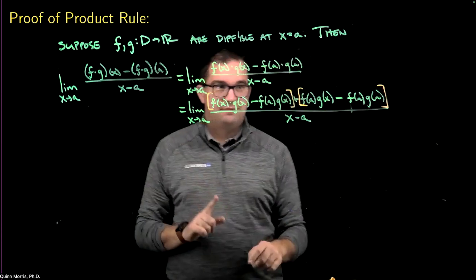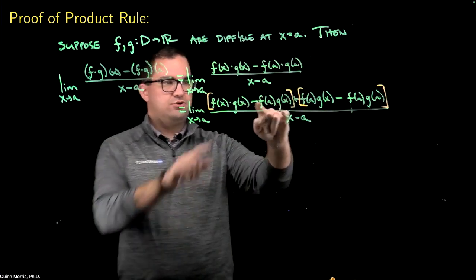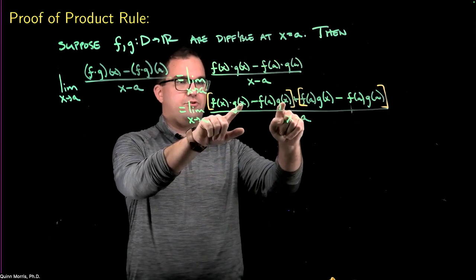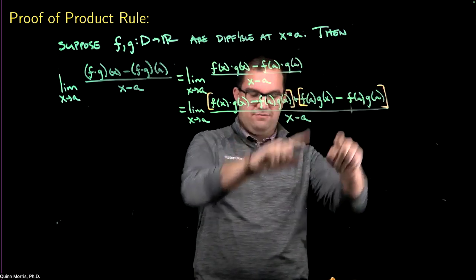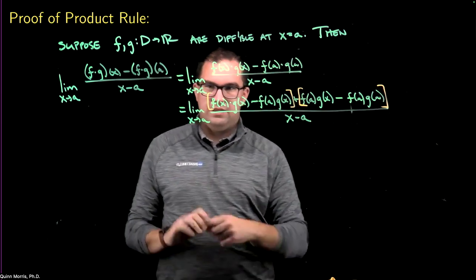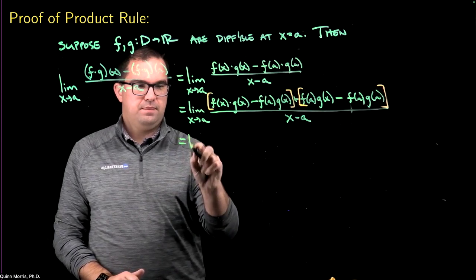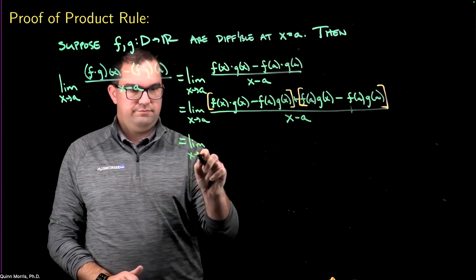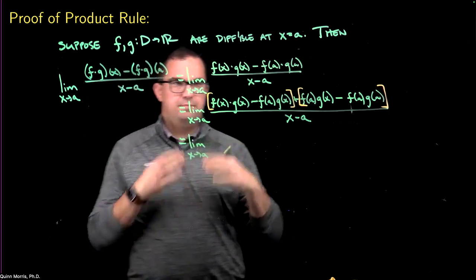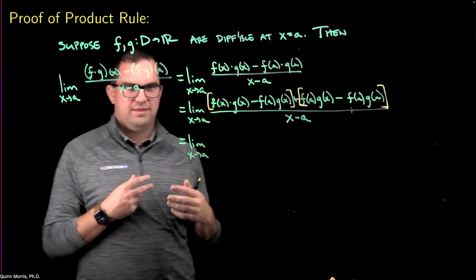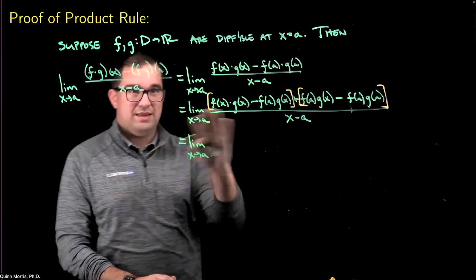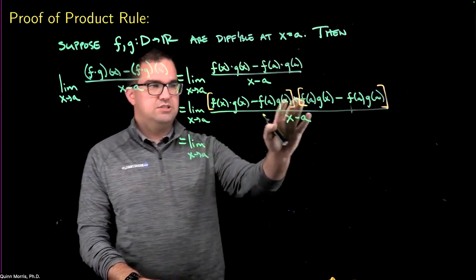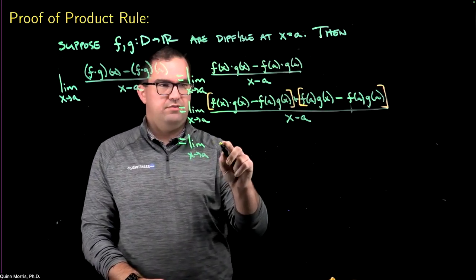Because I'm doing that, from these two terms I could factor out a g of x, and from these two terms I could factor out an f of a. So doing a little bit of algebra here, and you may want to break this up if you haven't seen or thought about this in a while, I'm going to skip a few algebraic steps. I'm not doing any calculus or any analysis here. This is just some algebra to rewrite all of this.